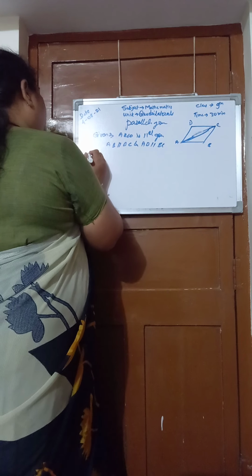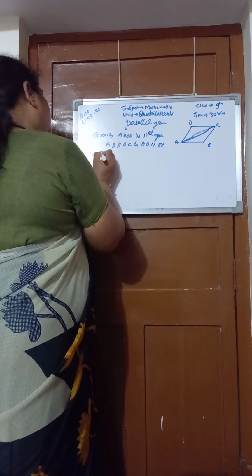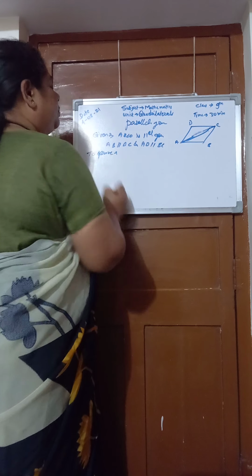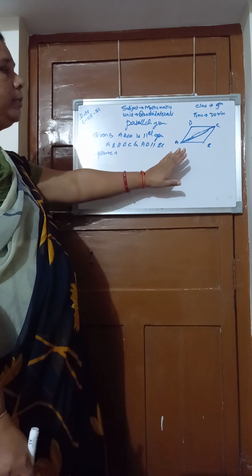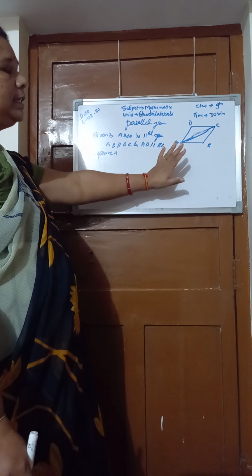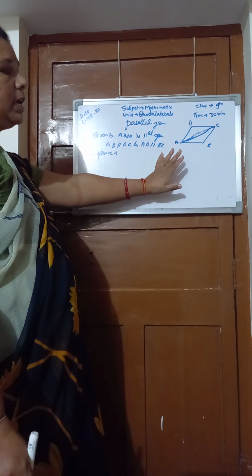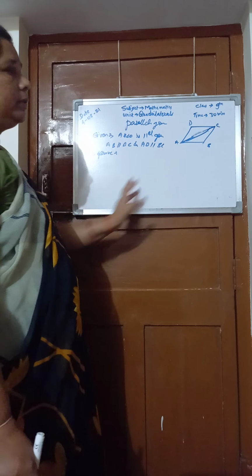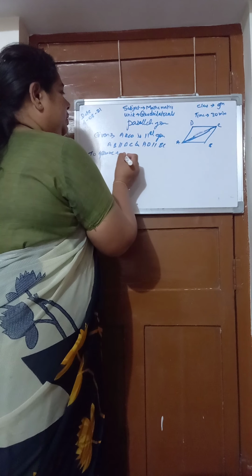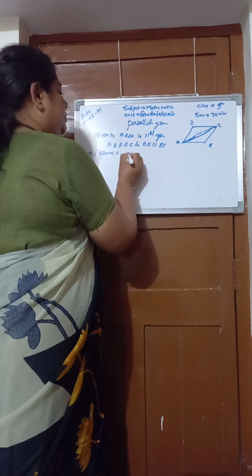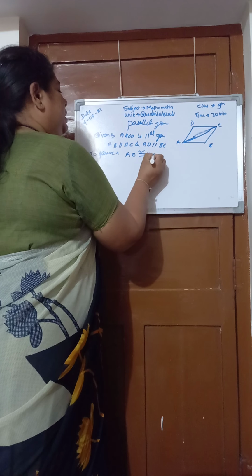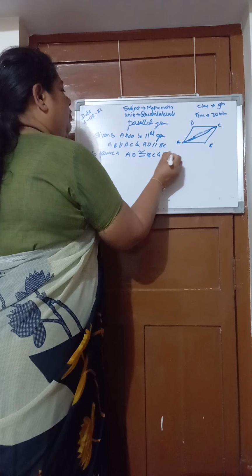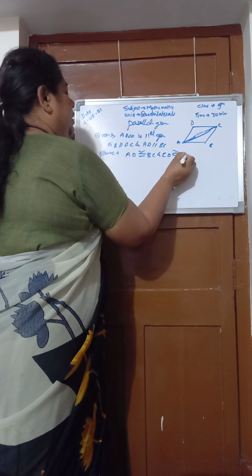And we have to prove: in a parallelogram, opposite sides are equal, that is, opposite angles and opposite sides are congruent. We have to prove it. Okay, this is the theorem. Opposite sides means AD congruent BC and CD congruent AB.